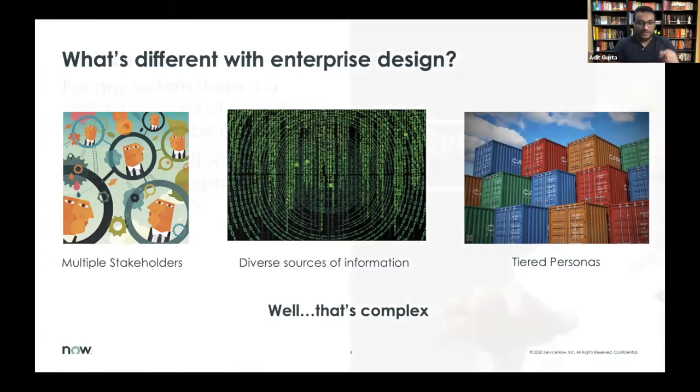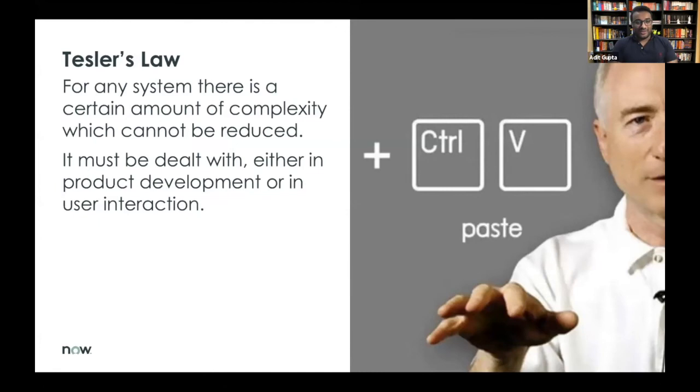So this brings me to my favorite law called Tesler's law, which was given by Larry Tesler. Tesler was a computer scientist in the human computer interaction field, and he's well known for the greatest invention of the digital age, cut, copy, paste. I mean, we just can't live without it.